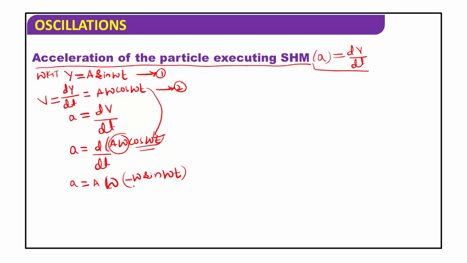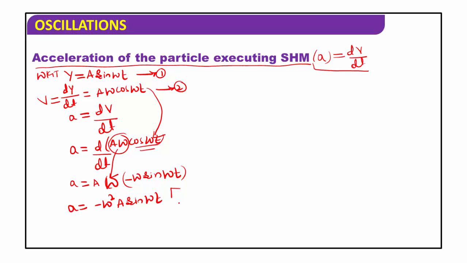Here a omega is taken outside, d by dt of cos omega t. When you differentiate cos omega t, we get minus omega sin omega t. Therefore, acceleration a is equal to minus omega square a into sin omega t.